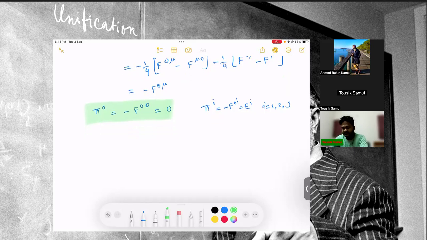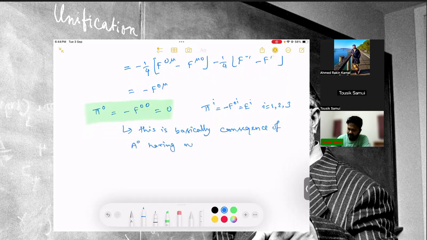This is basically the consequence of a naught having no kinetic term. That was the problem that we faced.